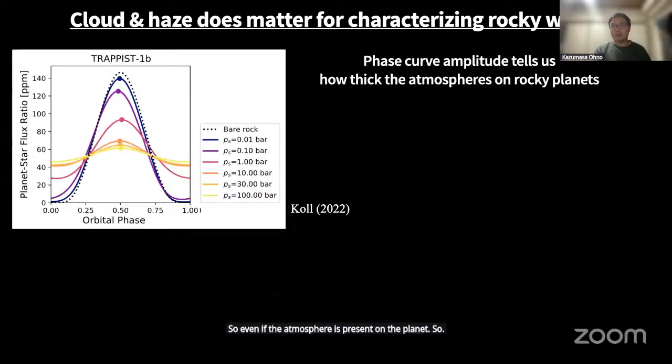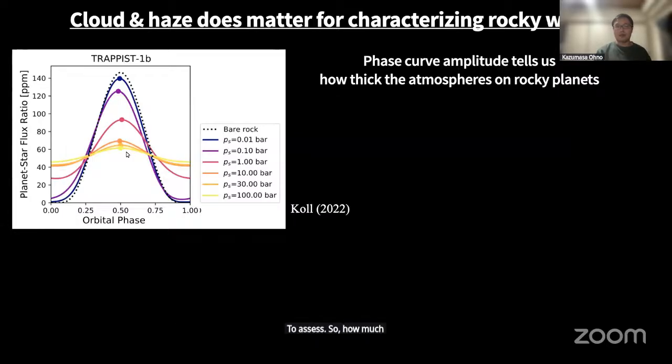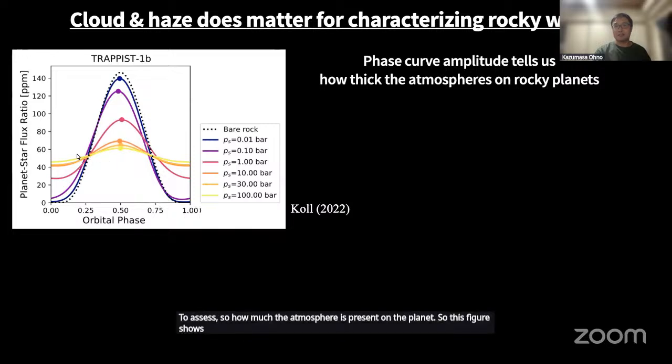Another example is that several people are using JWST to obtain the thermal phase curve for rocky planets to assess how much atmosphere is present on the planet. This figure shows an example of how the thermal phase curve depends on the amount of atmosphere.